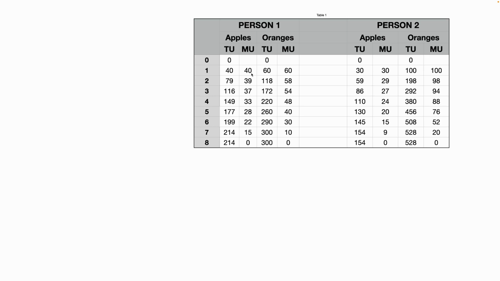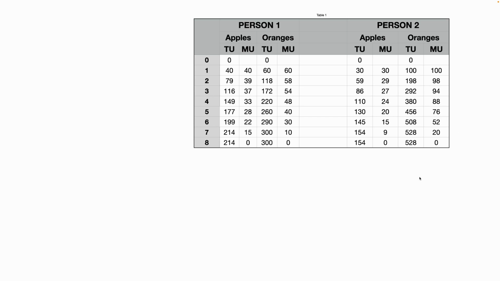So all we're doing here, if you're looking at this in a spreadsheet fashion, is that it's this cell equals this cell minus that cell. If you copy that down, you'll get the correct result. So from here we have 79 minus 40, which is 39, etc. And the same thing holds for person 2.